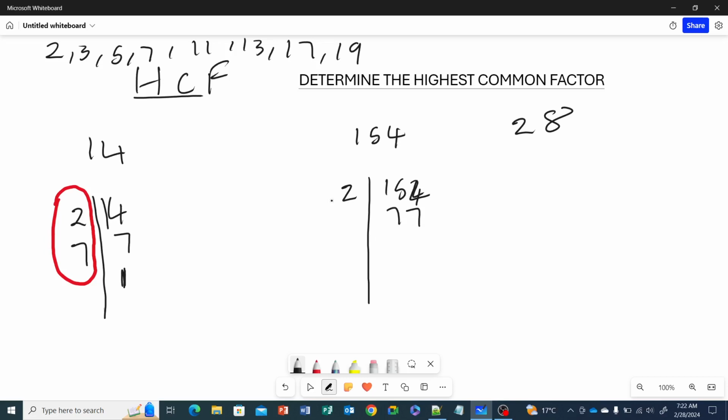Now 77 is not divisible by 2, it's not divisible by 3, it's definitely not divisible by 5. Okay, now if we divide by 7, we are going to be left with 11. Now 11 is part of the prime numbers, we are going to divide by itself, then we will have 1 remaining. So every time when you have 1 at the end, that is the end of your solution. Like, you don't proceed any further, guys.